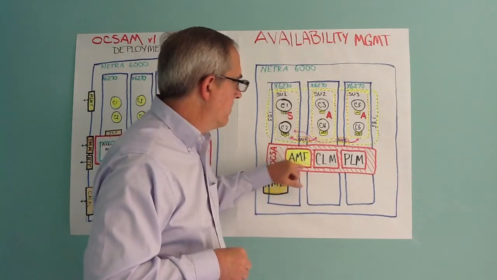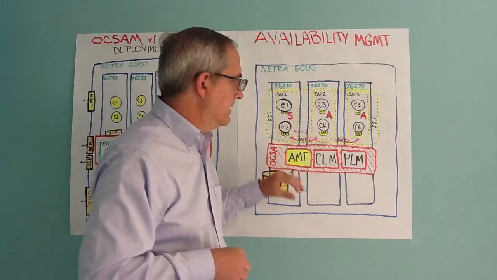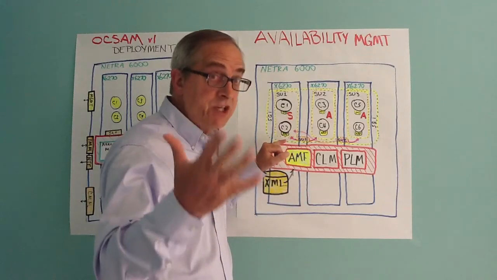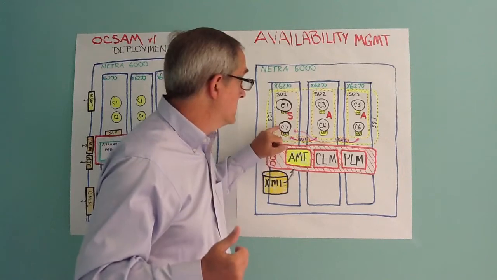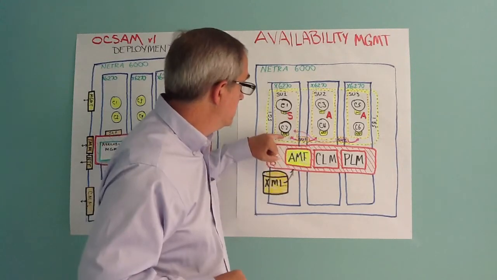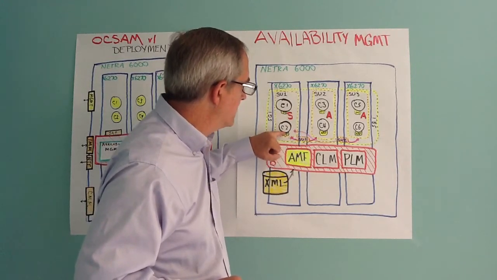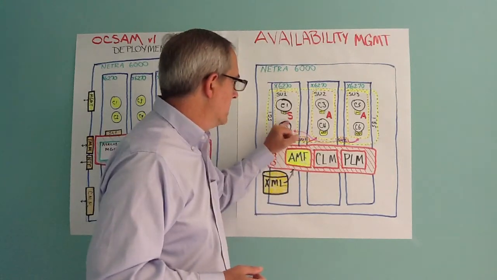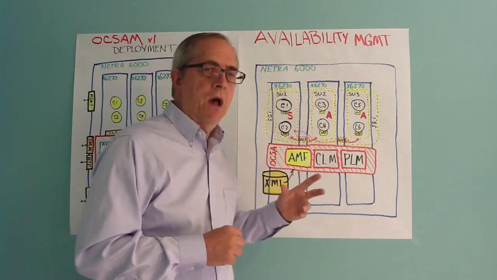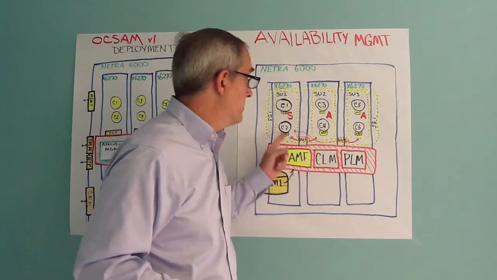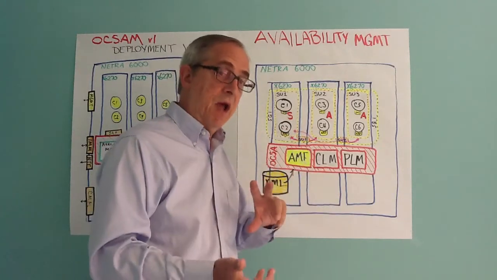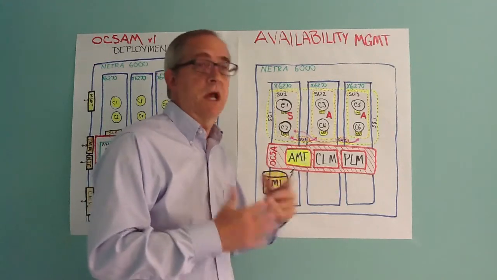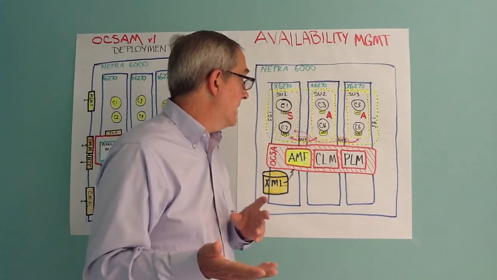Now, the system designer, when he lays all this out, is also, from an application writer's point of view, working to see that the two are coordinated. So there's this AMF library here, and it's through that AMF library that you link into your application that the component itself understands through callbacks whether it's to act as an active or act as a standby, which the AMF will invoke at the proper times, at failover times or at startup times or whatever time it is.